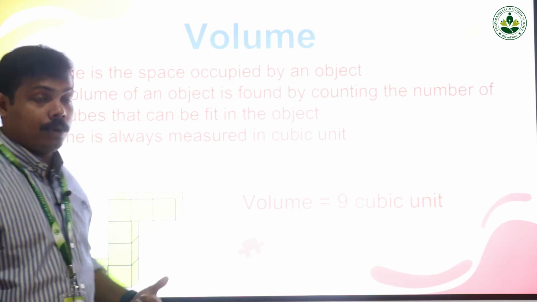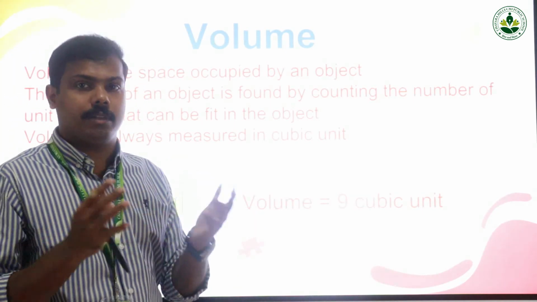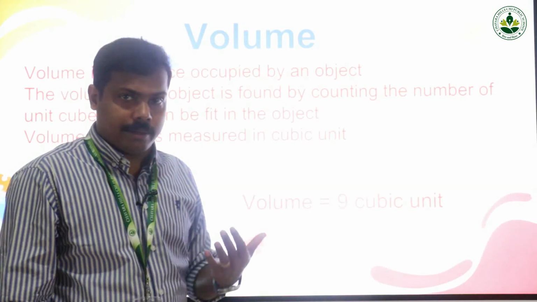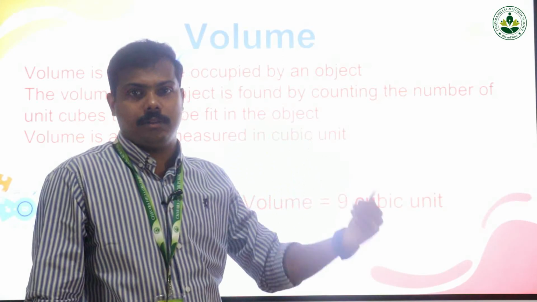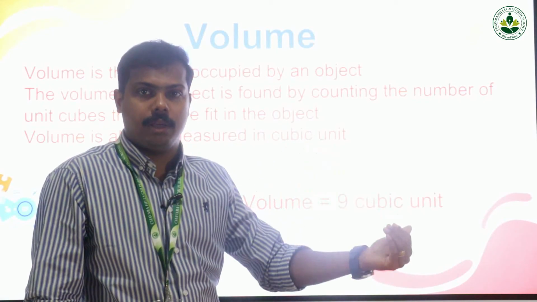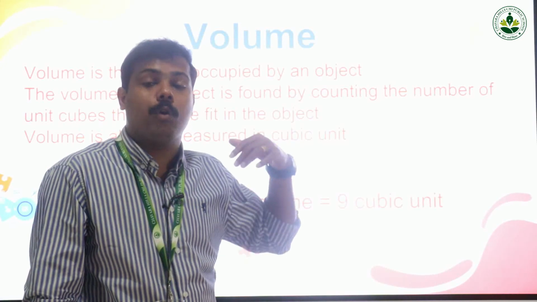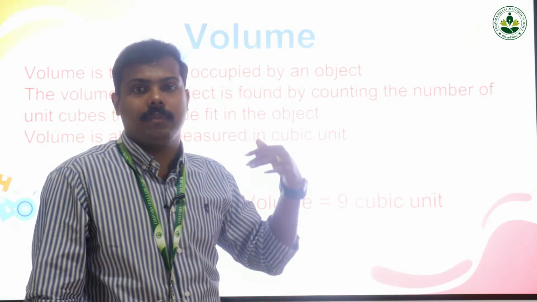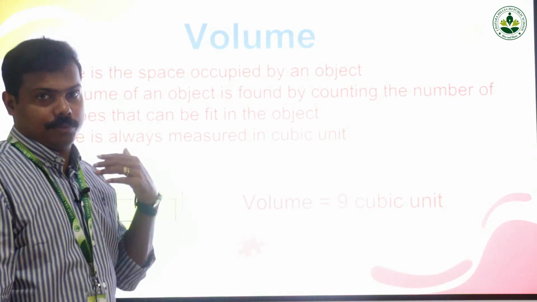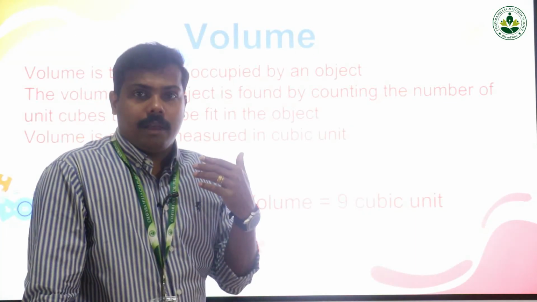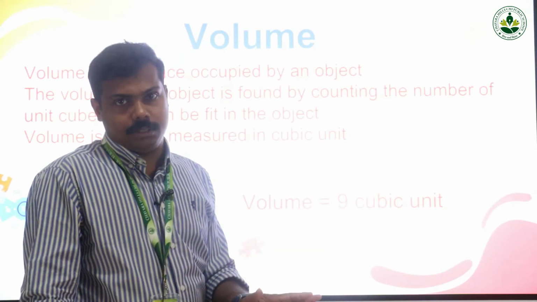The unit for the perimeter is the given one, centimeter, kilometer or meter, and the area's unit is square centimeter, square kilometer or square meter, and the unit of volume is cubic unit.